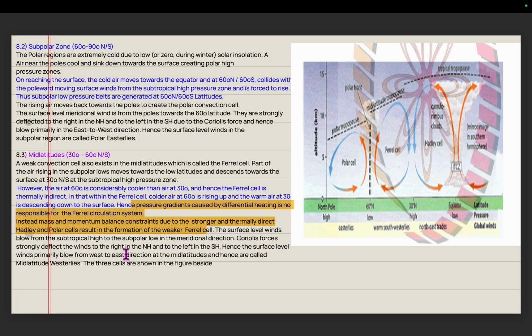Coriolis forces strongly deflect the wind to the right in the northern hemisphere and to the left in the southern hemisphere of its going direction. Hence the surface level winds primarily blow from west to east, known as the westerlies or the mid latitude westerlies. These three cells have been shown here with a clear view.